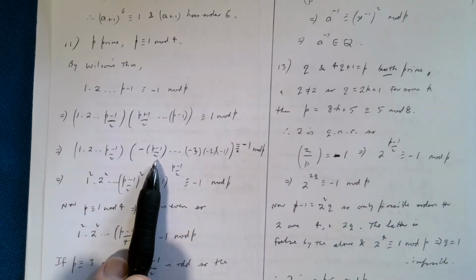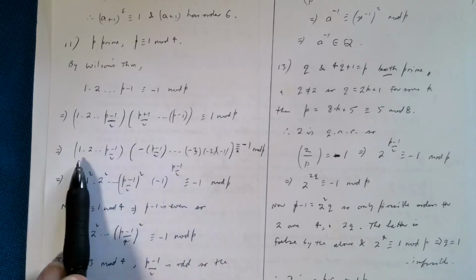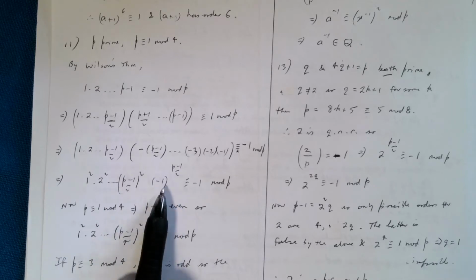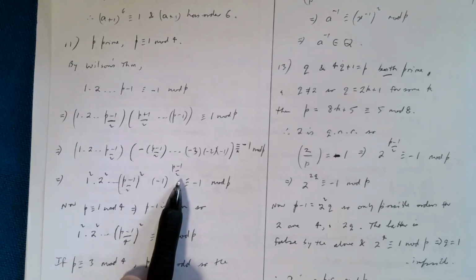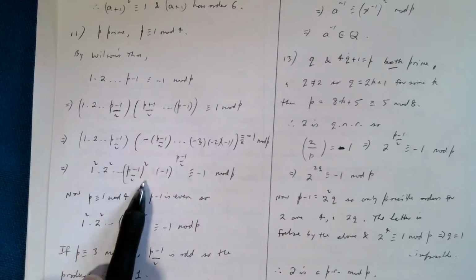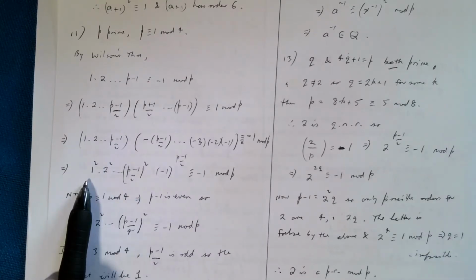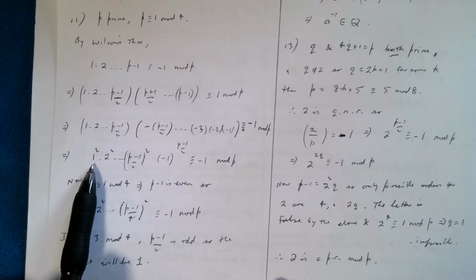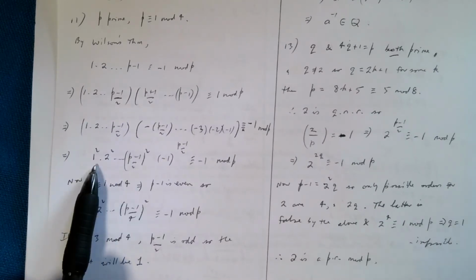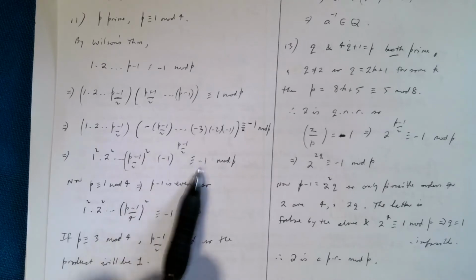Now, these numbers are exactly the same as the first ones, except we've got lots of minuses. In fact we have (p minus 1)/2 negative signs, and each one of these is repeated, so there are our squares. We wanted the product of the quadratic residues, and these are all the quadratic residues, so their product times this sign is minus 1 mod p.